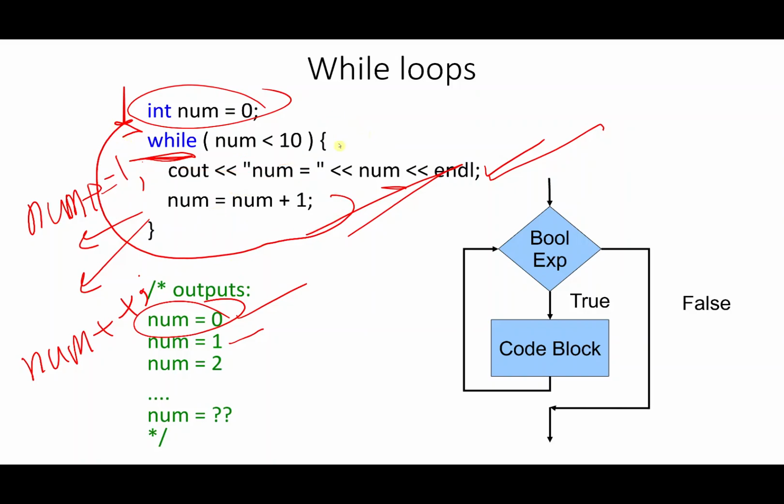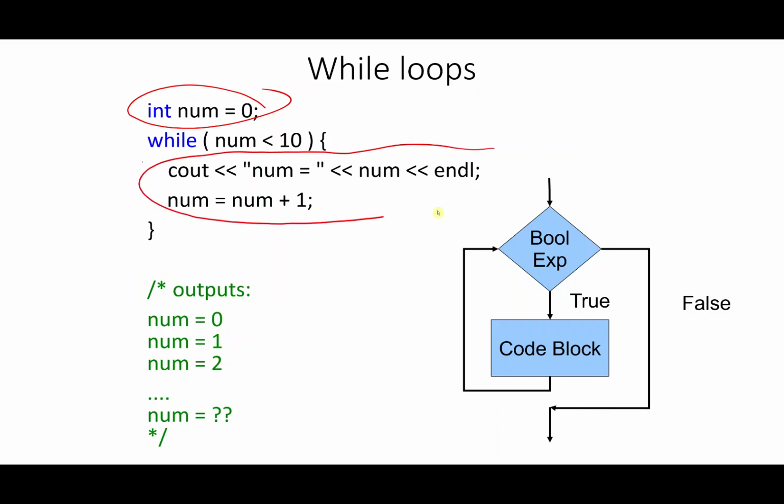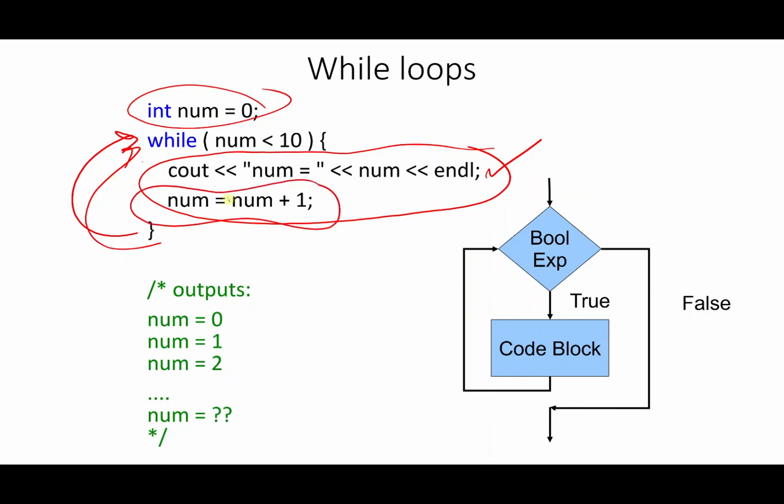Let me just get rid of all these so this is visible to you. Whenever you finish doing the code block, you go back to check the condition. If the condition evaluates true, do this again, then go back to check the condition. Now, how is the condition being changed? Because of this line.